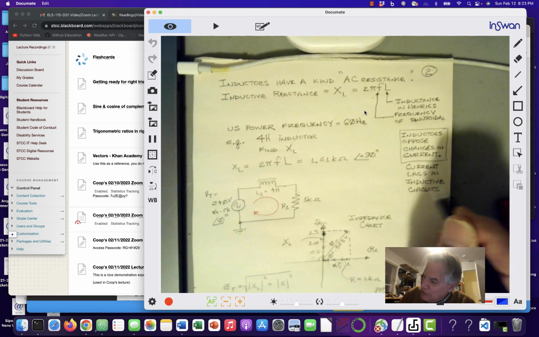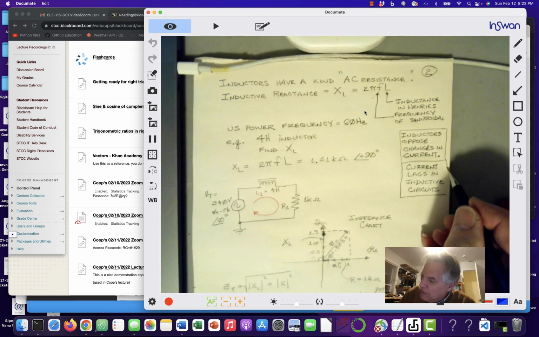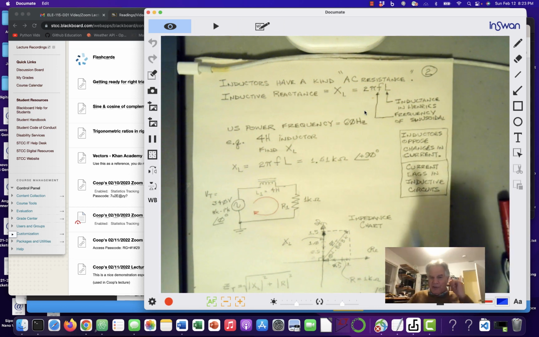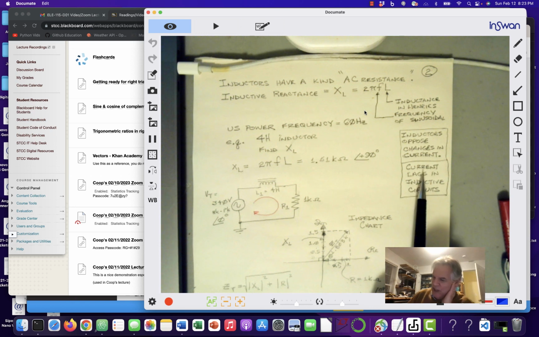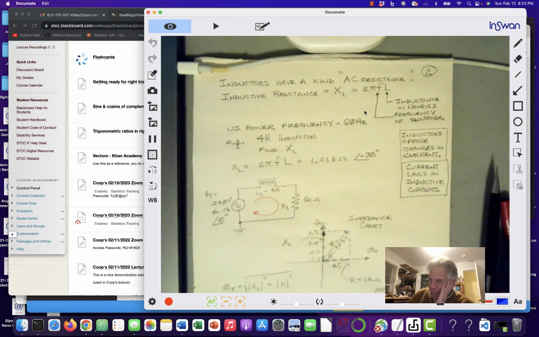Good thing to memorize. It goes right along with the fact that inductors oppose changes in current. So if there's some timing involved, you could believe that the changes in current were delayed. And so we come up with this thing to say current lags in inductive circuits.